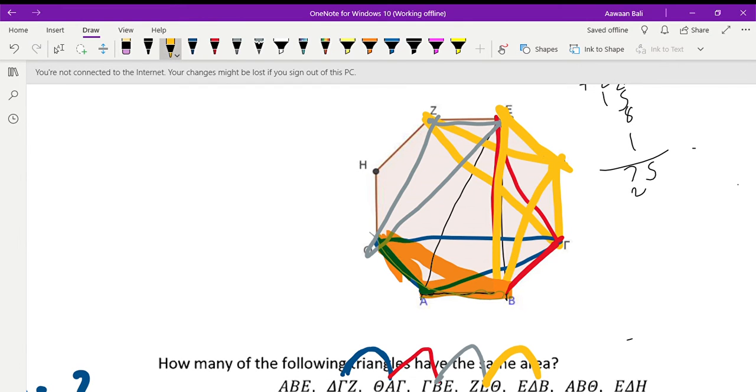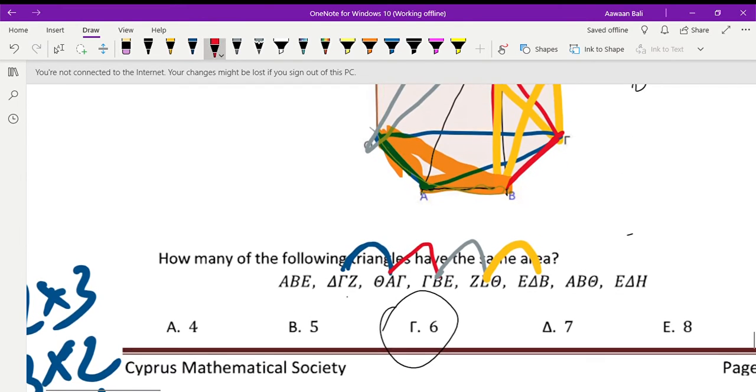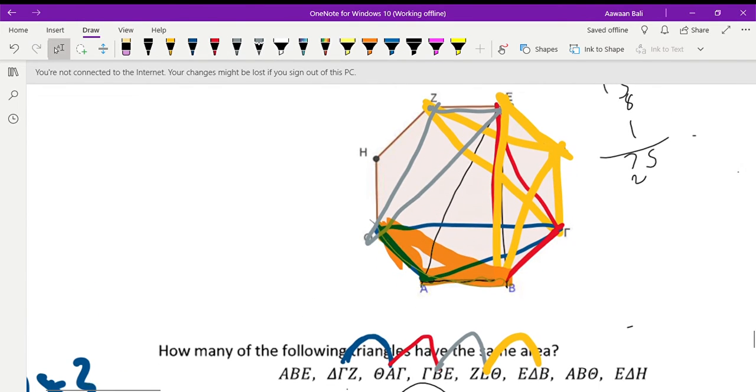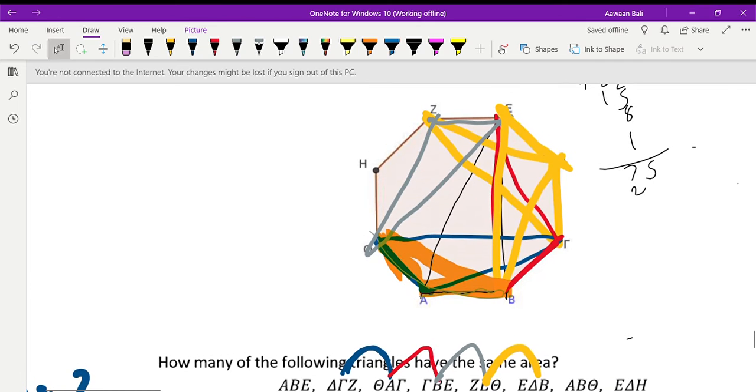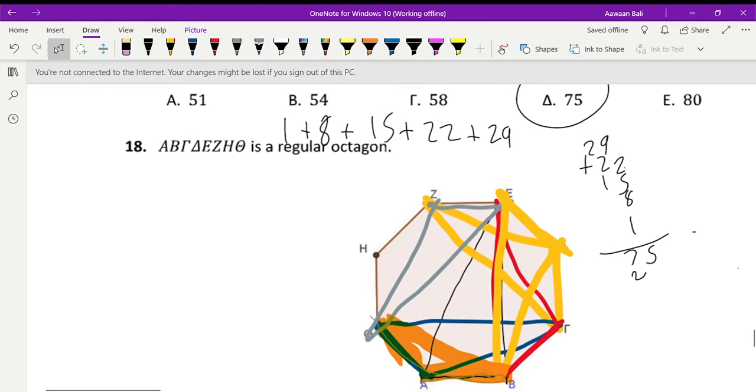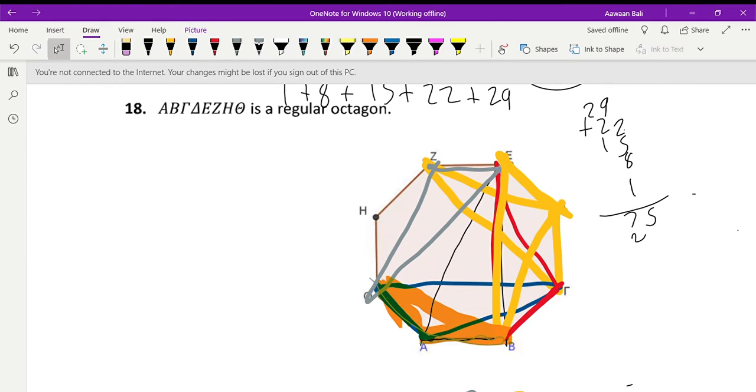But eta, delta, I forgot the name of that letter. Okay, so basically that triangle, it's this with this, and then you have this here.